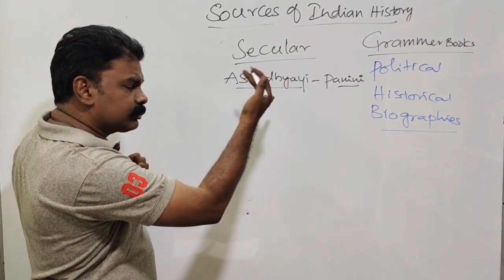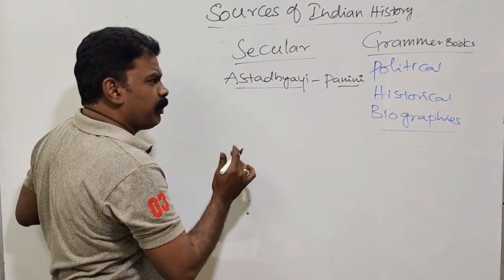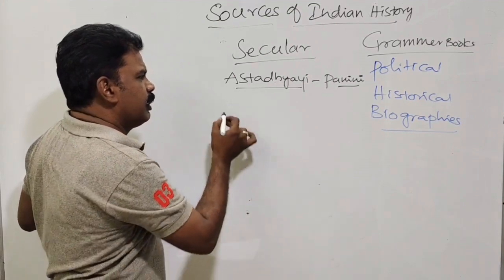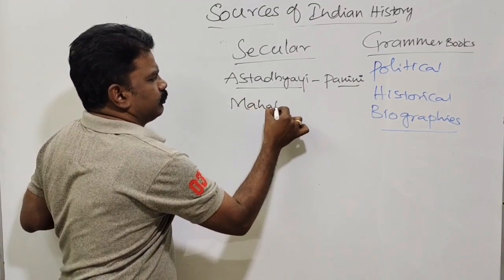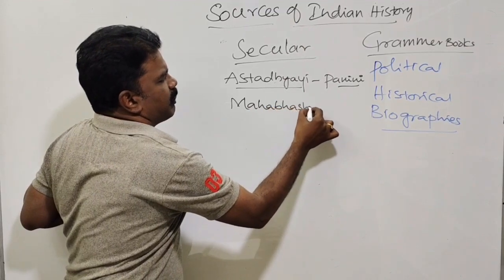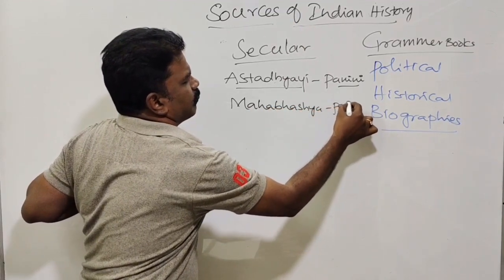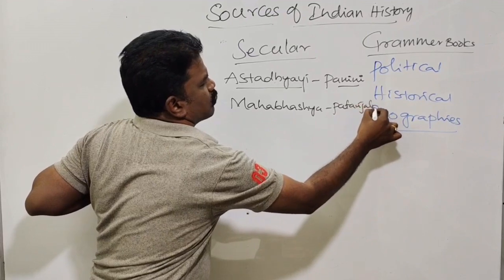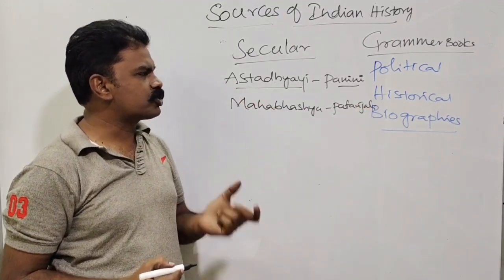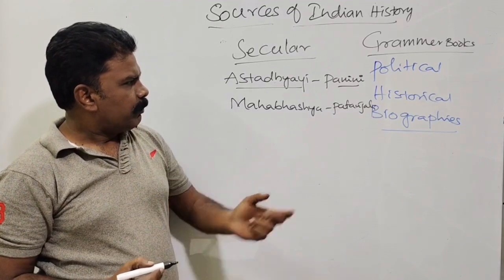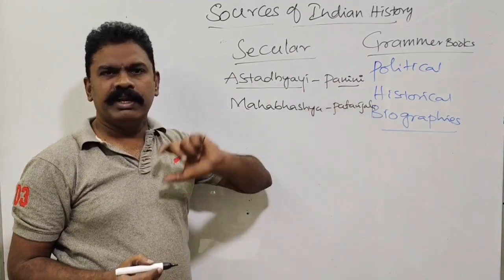Panini's disciple, Panini's student Patanjali wrote Mahabhashya. So these two books are the earliest Sanskrit grammar books in India. Panini and Patanjali were early grammarians in India.